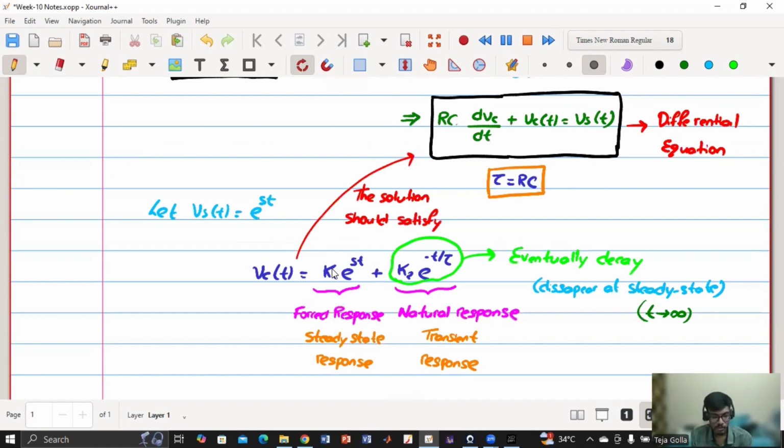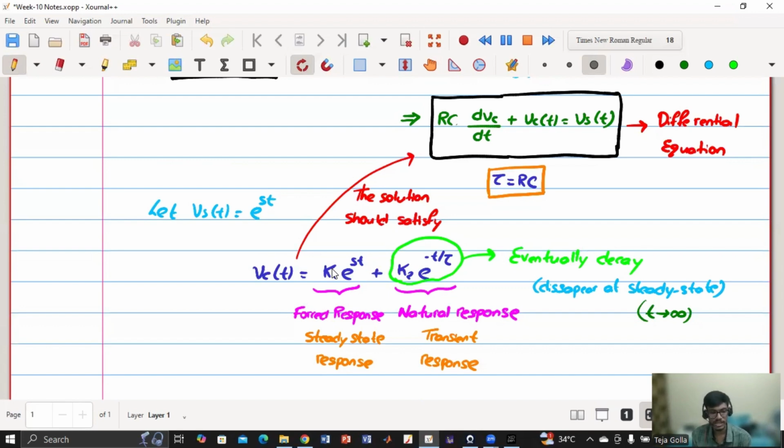Because it's a linear system, the output and input characteristics are linearly dependent on each other. So we are getting the forced response, which is a scaled version of the input. And there will be a natural response, which we already know. It is e to the power minus t by tau, where tau is the time constant. So we can calculate the time constant and we can write.